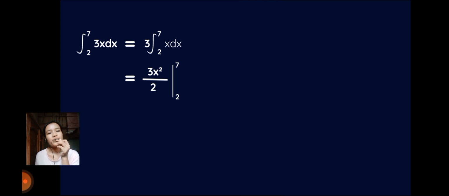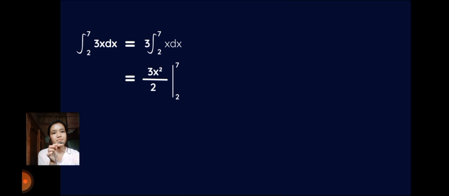So after that, we're going to use the definite integral. So sa definite integral is f of b minus f of a. So a na to diha, or the lower limit, is si 2 and the upper limit, or si b, is si 7. So we're going to replace muna si x into 7 og 2.